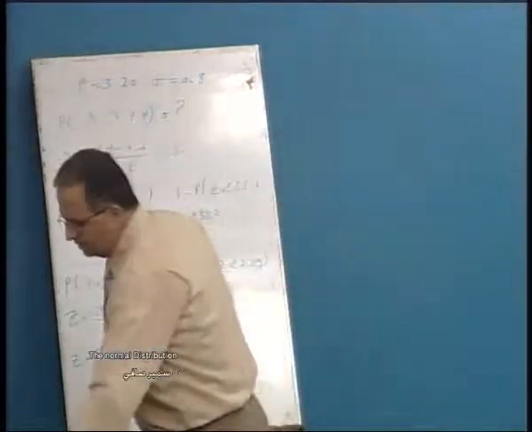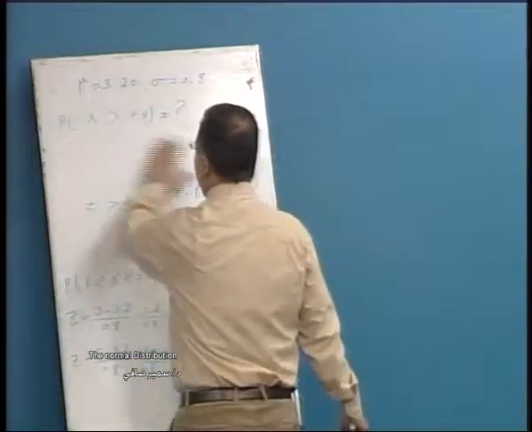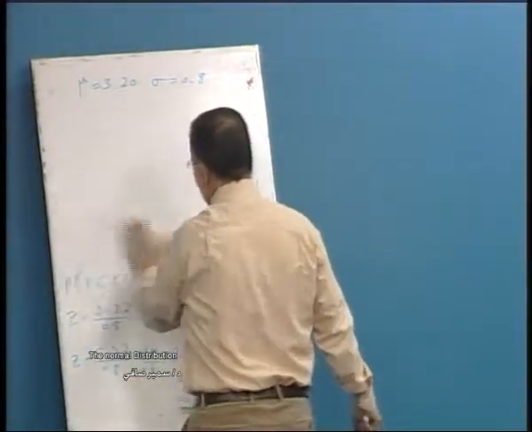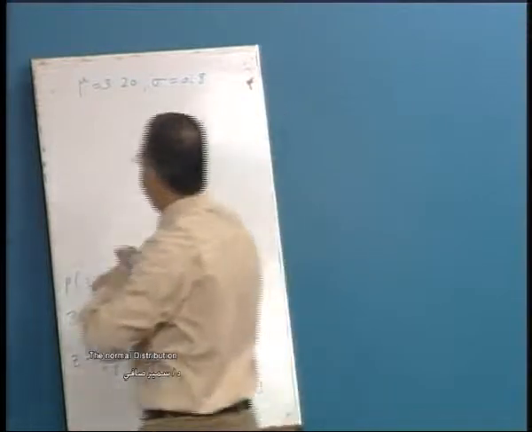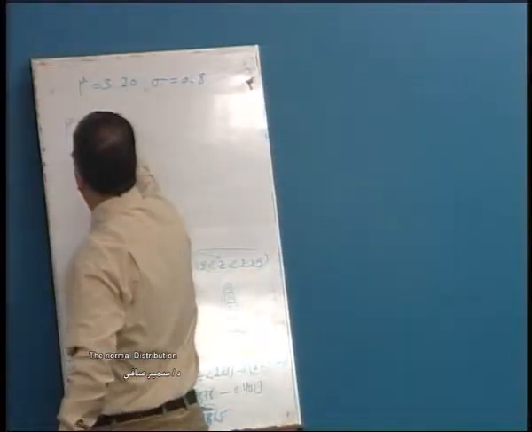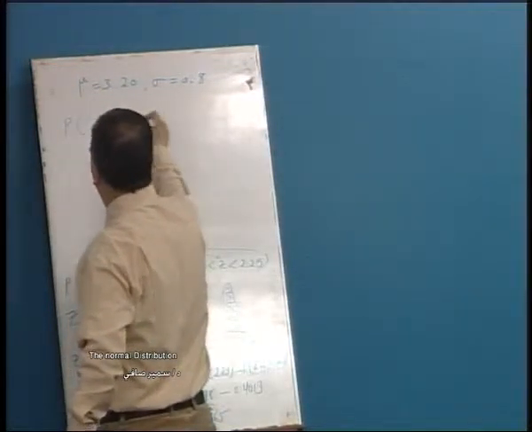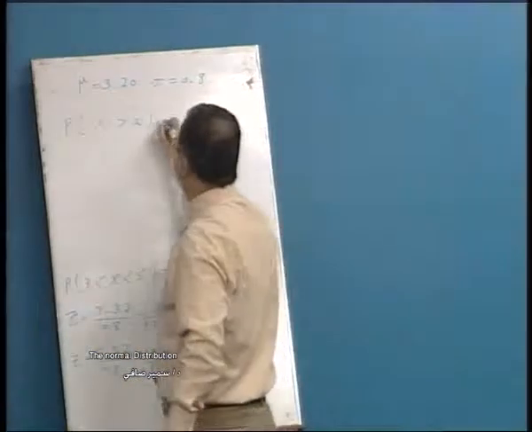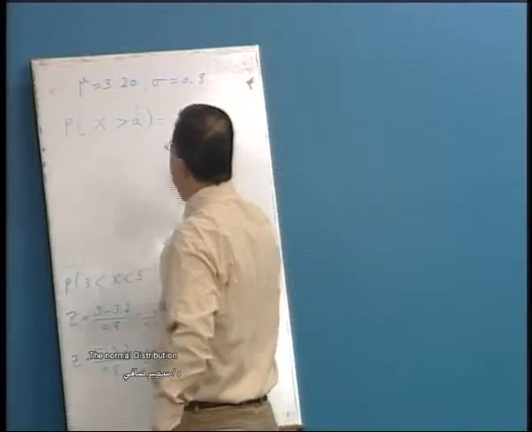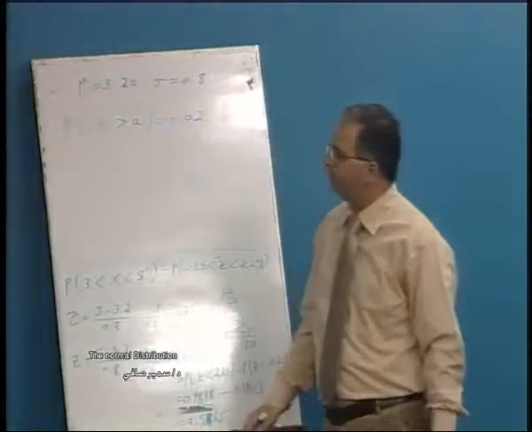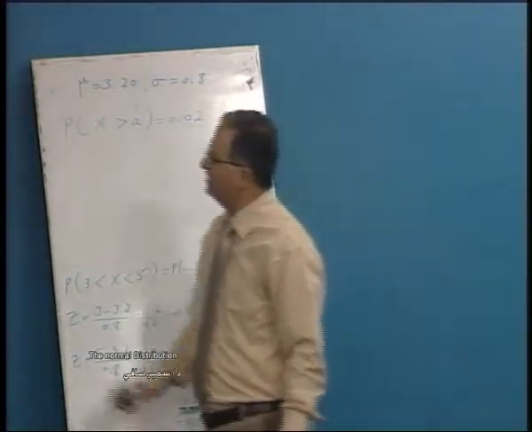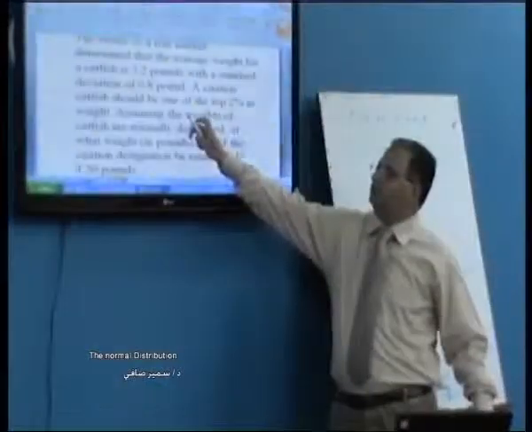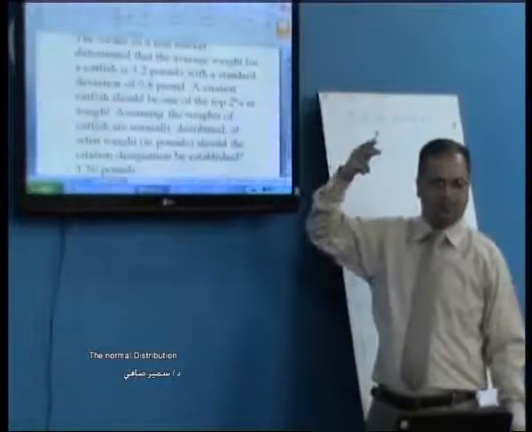So in this question, he asked about the value of x, for example, greater than some value, and this probability equals 2%. Because he said the citation catfish should be one of the top 2%.